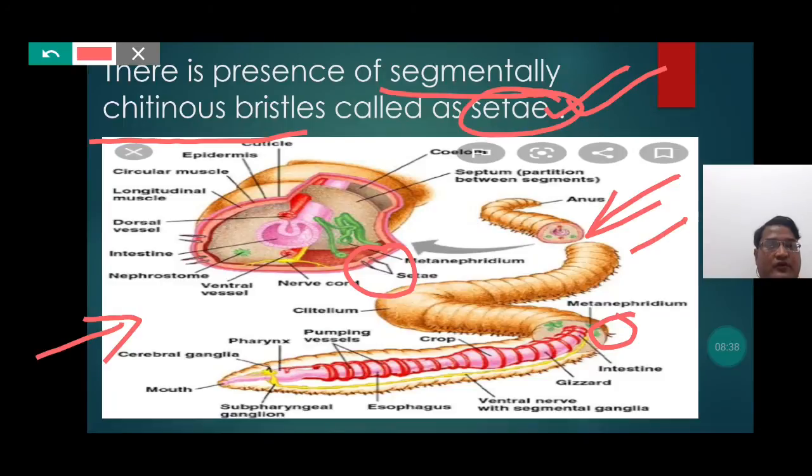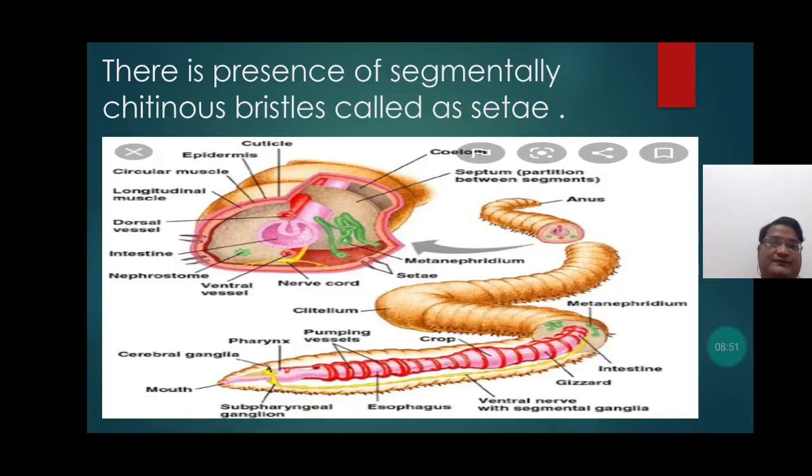Students, all over the body of the earthworm, you can find thin thread-like bristles, which are made up of chitin and remain present in each segment of the earthworm, and which are called seta.